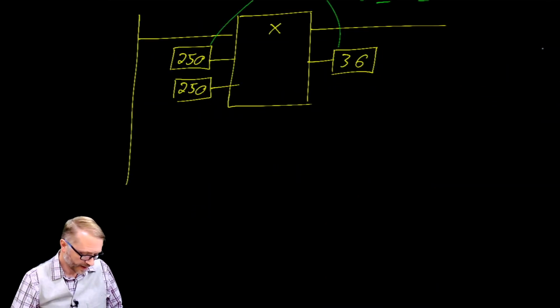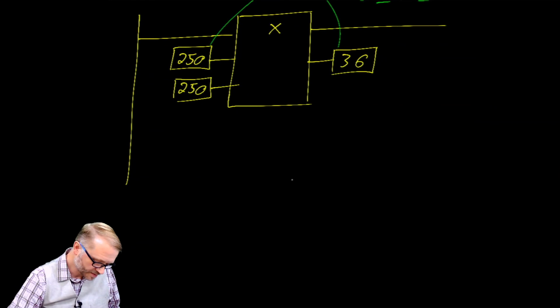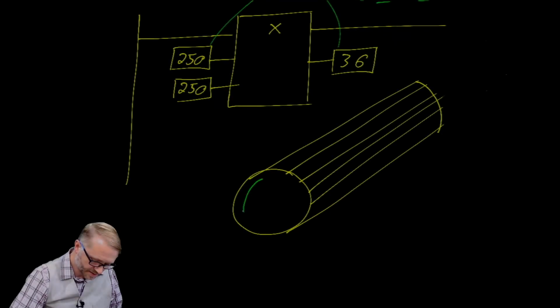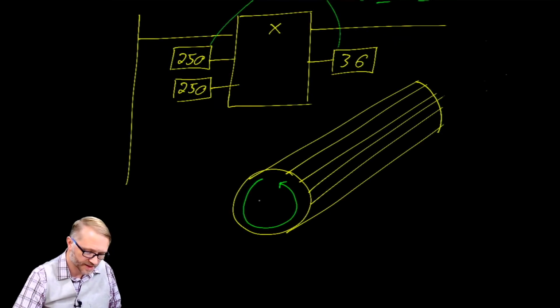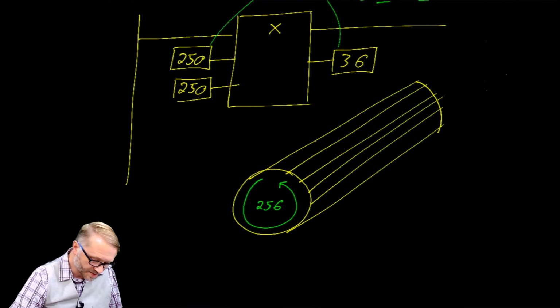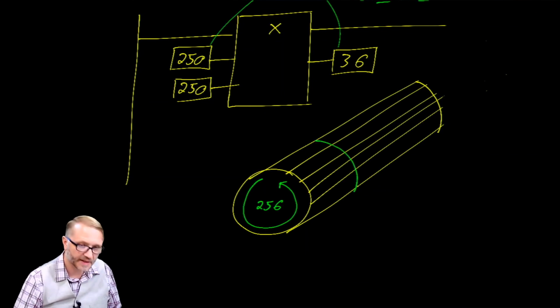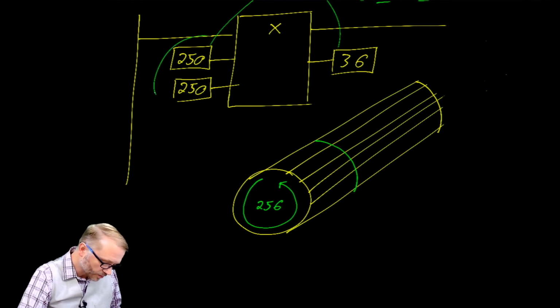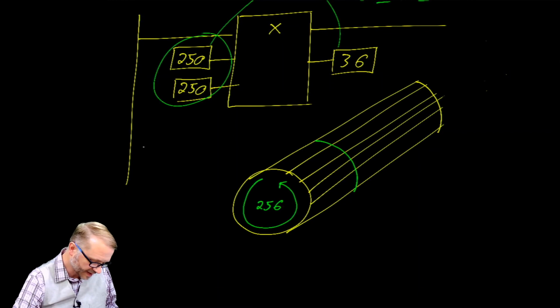Here's another way of looking at this. Suppose you had a cylinder. For discussion, let's assume the cylinder has a circumference of 256. Which means if you were to wrap a string around it, that string would have a length of 256 units. Now back to our example. We had two numbers that were multiplied together.